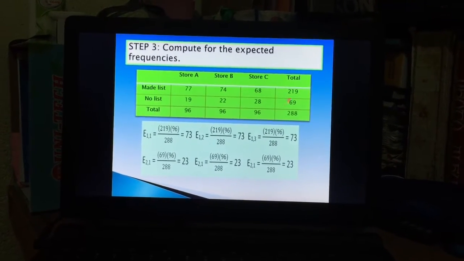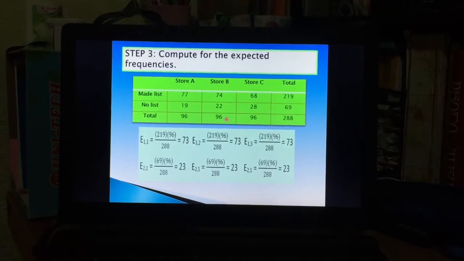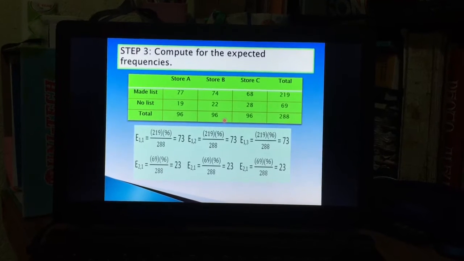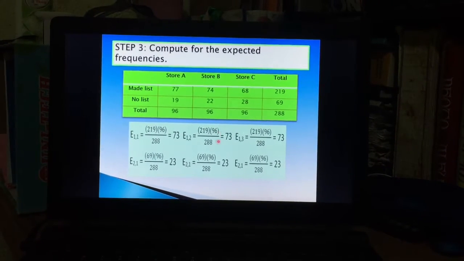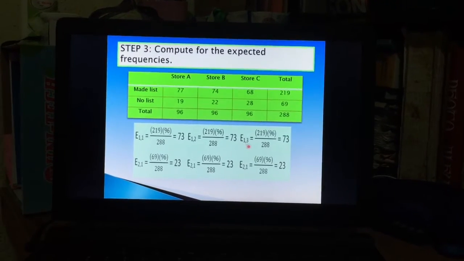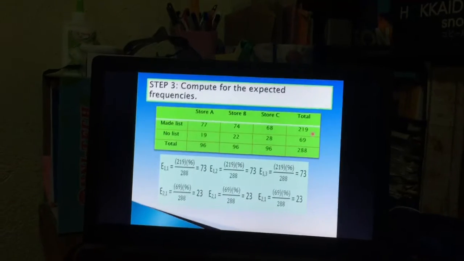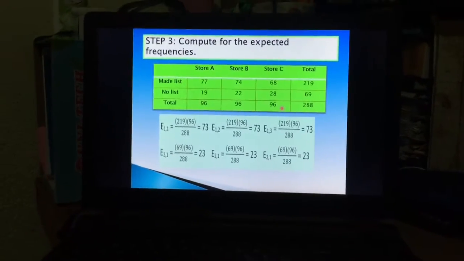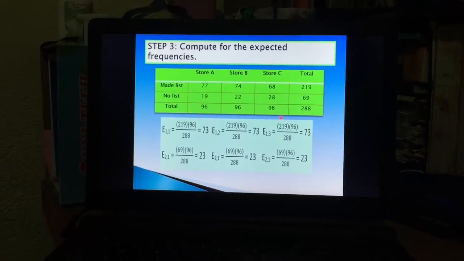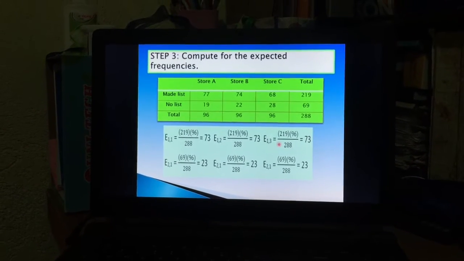Then first row total 219 multiplied to second column total of 96 divided by 288 is equal to 73. Next, first row total 219 multiplied to the third column total of 96 divided by 288 is equal to 73.